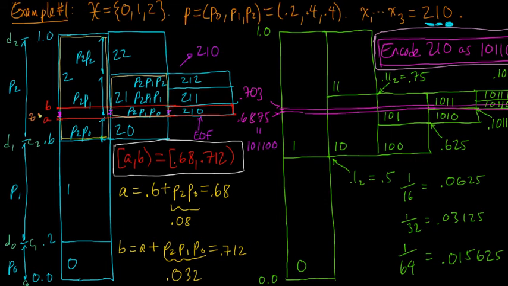The reason why was because we were subdividing according to P. The reason it had this P2 here was because that was the height of the first chunk that corresponded to 2.